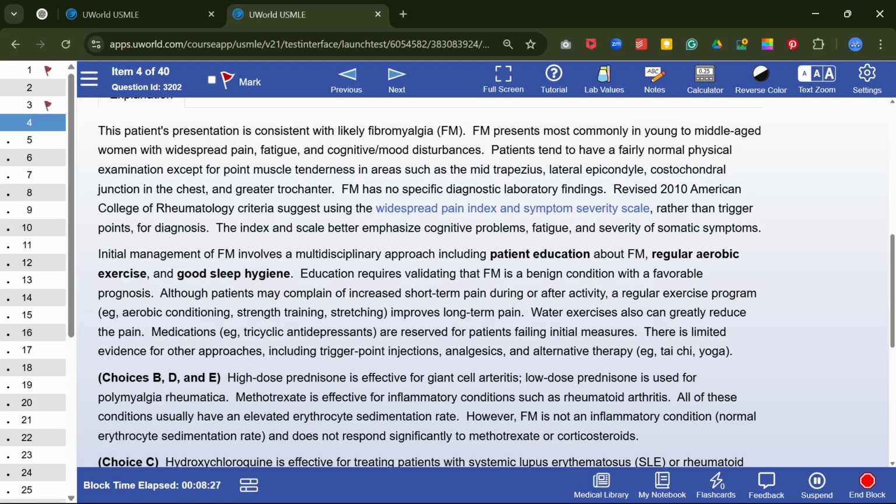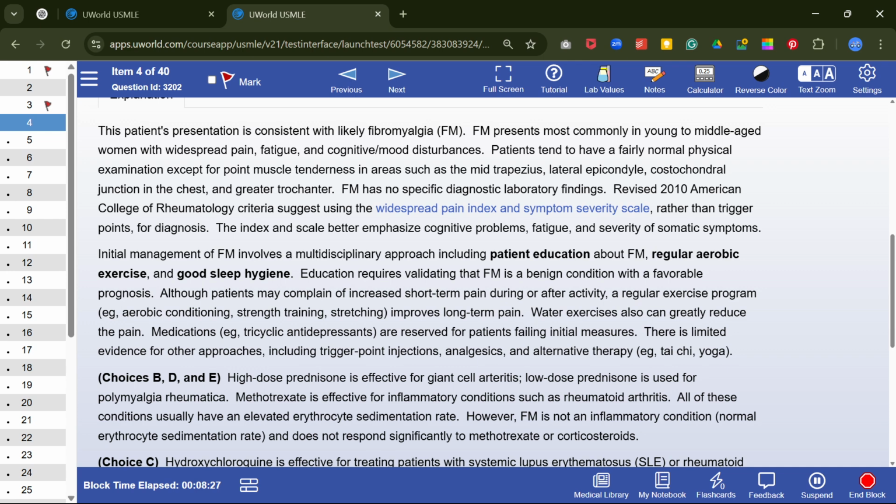A regular exercise program, aerobic conditioning, strength training, and stretching improves long-term pain. Water exercise can gently reduce the pain.